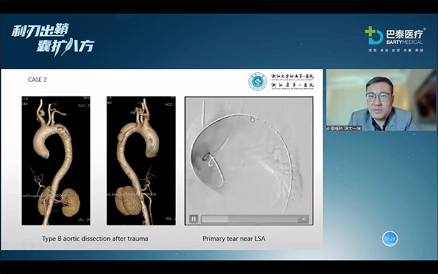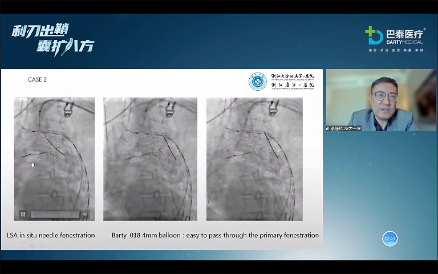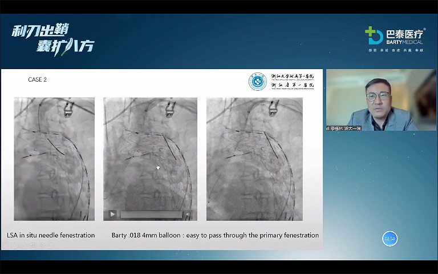It's an ER case. From the imaging, we can see it's close to this left subclavian, and we put in the catheter, we put in the LSA in situ needle fenestration, and we use this technique to do the revascularization. The fenestration was very smooth.